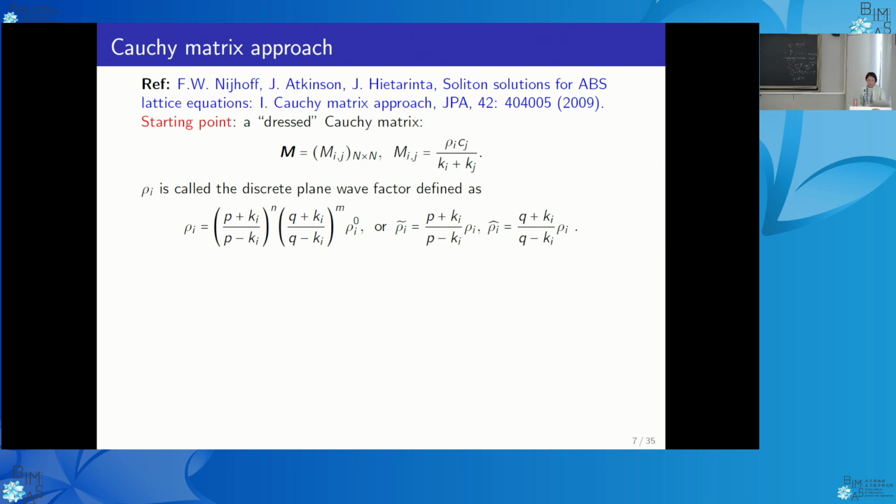For example, in this case, for the ABS equations, ρ_i is defined by this form. We can see the independent variables are n and m, which can also be calculated in these relations. Here, ρ_i can be taken to continuum limits to get the exponential function, so it is called the discrete plane wave factor.